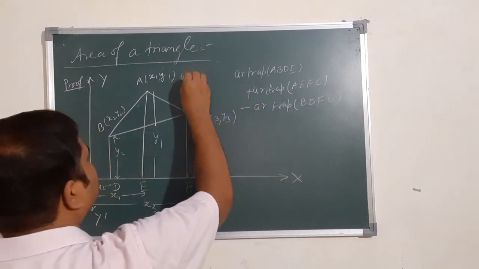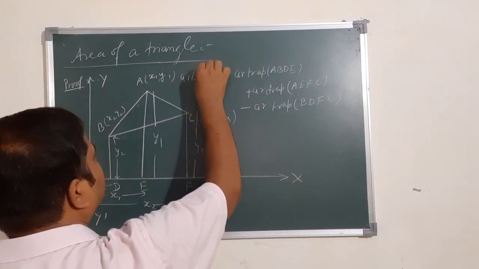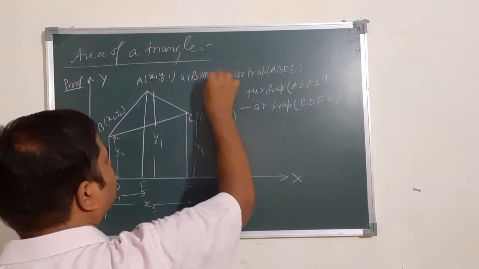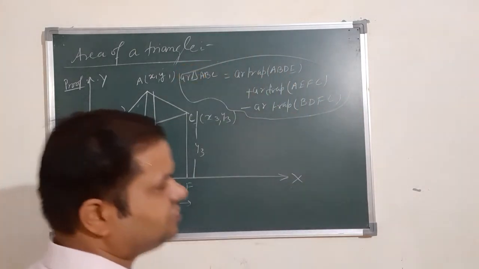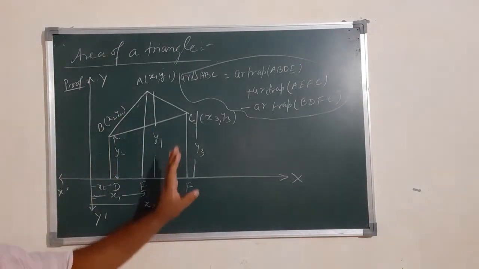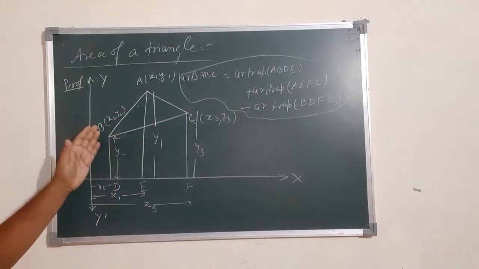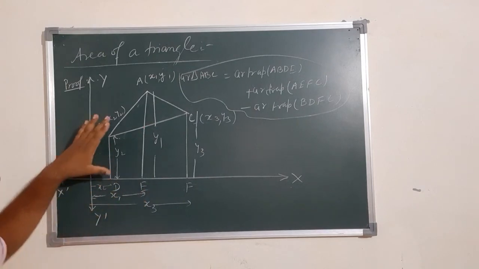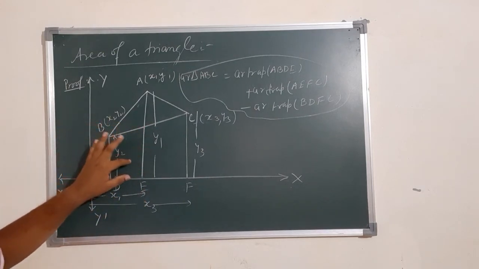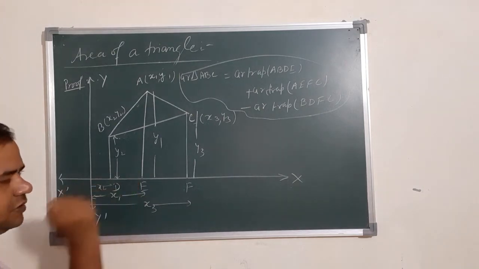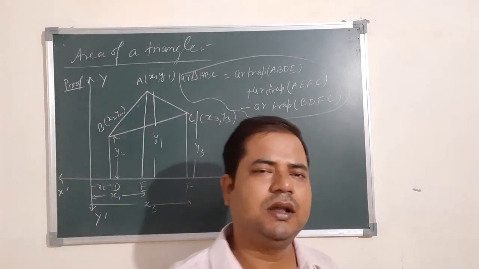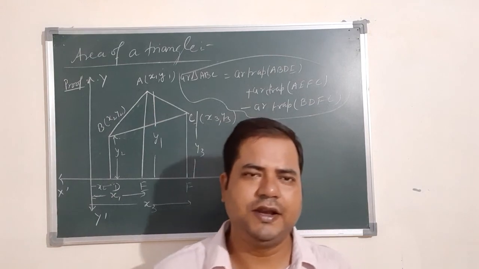So this is nothing but the area of triangle ABC. You can easily find the area of trapezium ABDE: the sum of parallel sides, y2 plus y1, multiplied by the height, which is x1 minus x2. In the same manner, you just try to find the others.